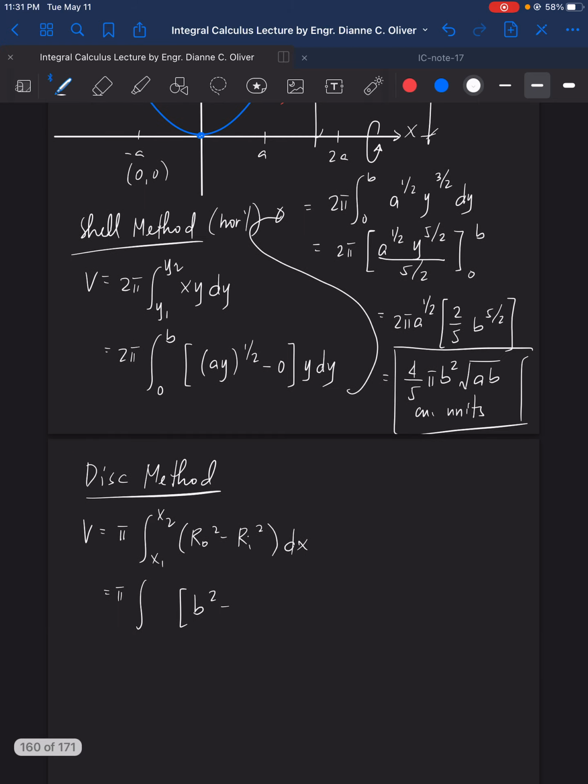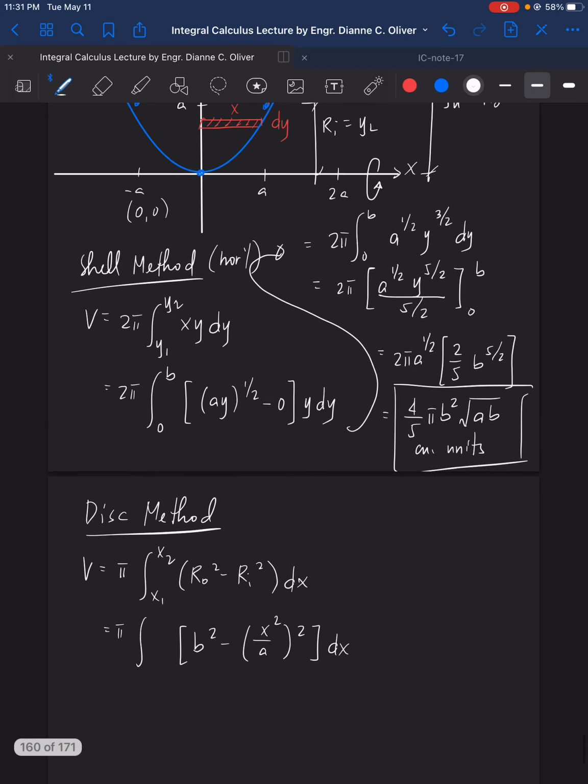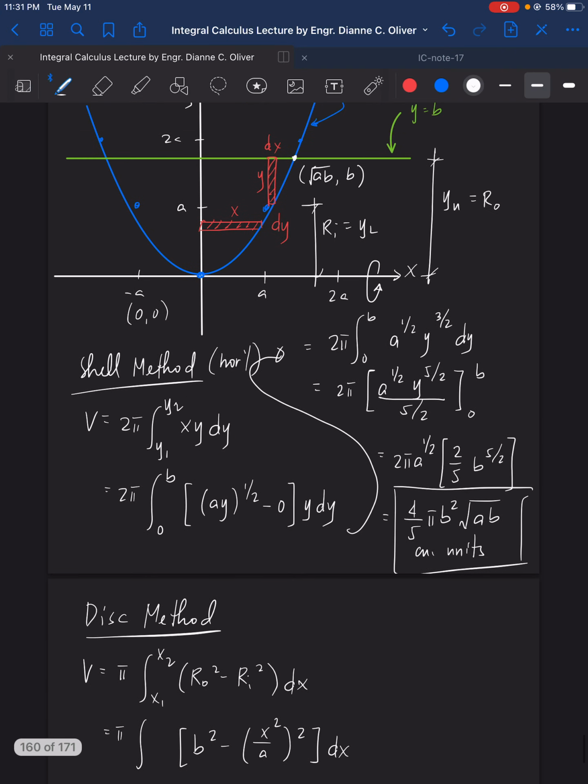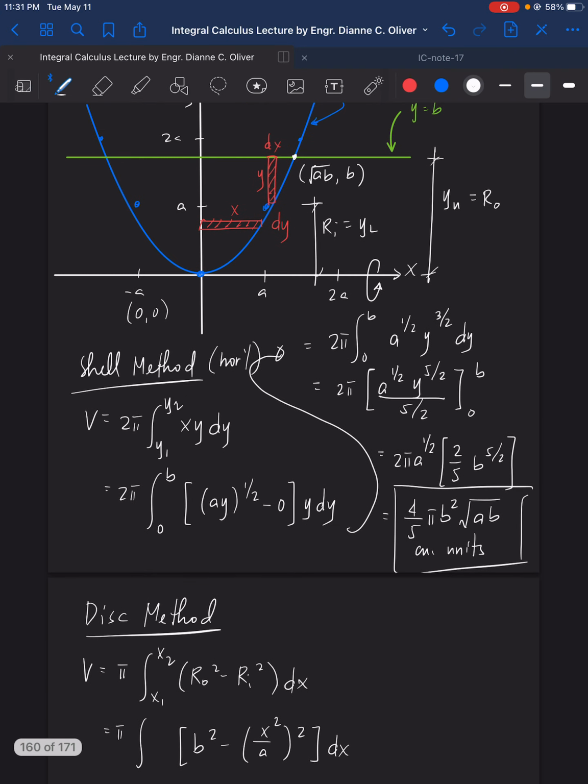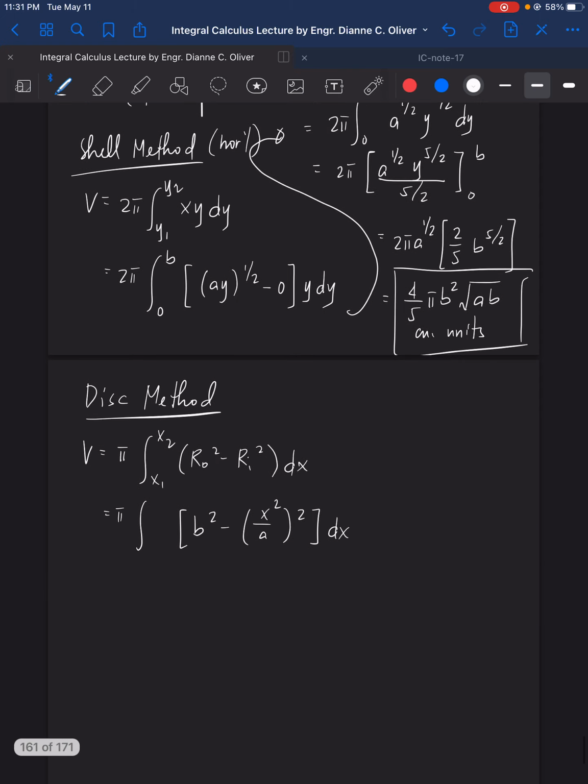So we have here x squared over a, squared, dx. The limits are 0 to square root of ab. So 0 to ab raised to 1/2.